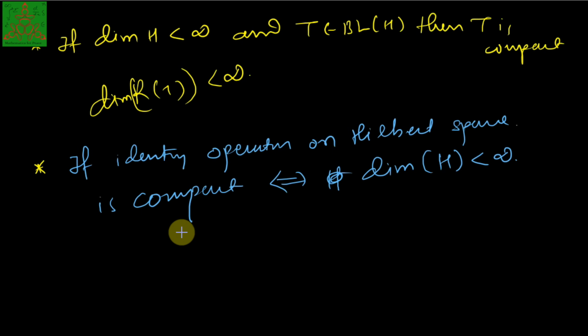The identity map defined on a Hilbert space is compact only if the Hilbert space is of finite dimension. Next is another result which supports when a bounded linear operator becomes compact.